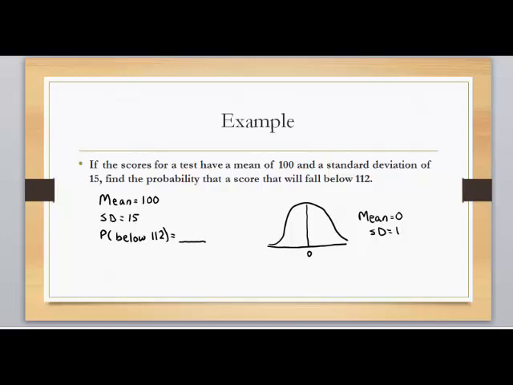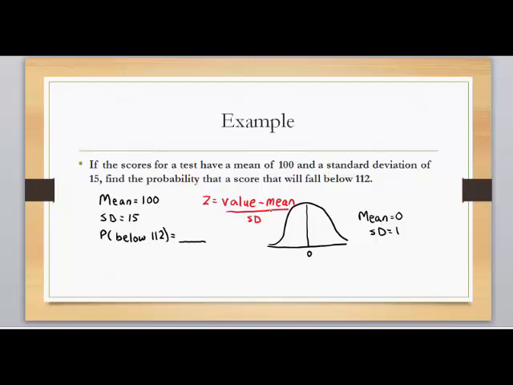If you remember, we had a formula back in chapter 3 that said that the z-score can be found by taking the value, subtracting the mean, and dividing by the standard deviation.